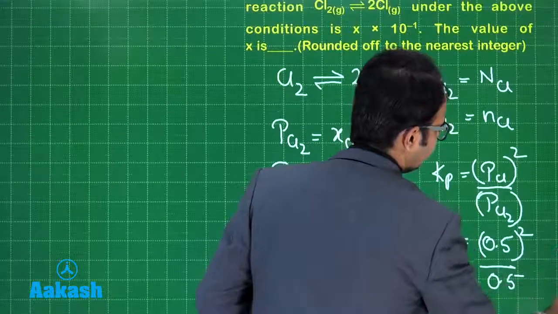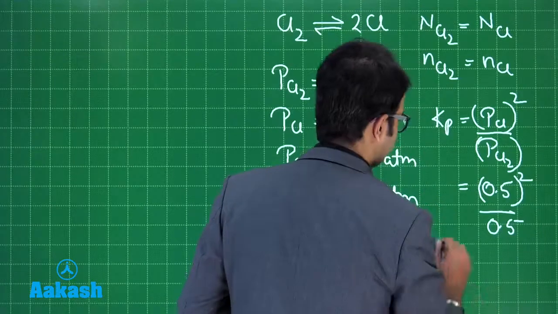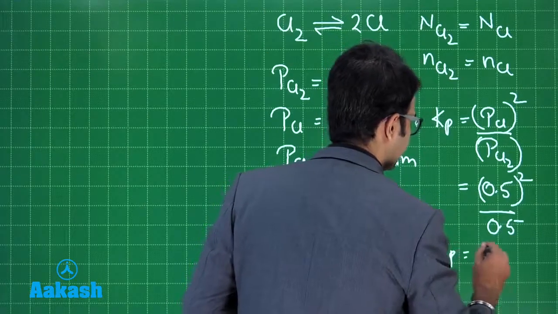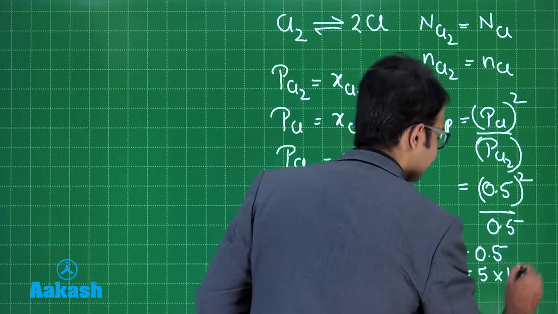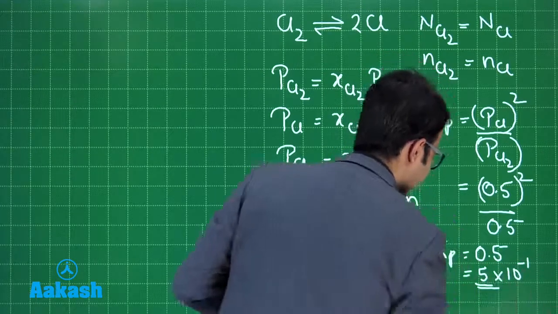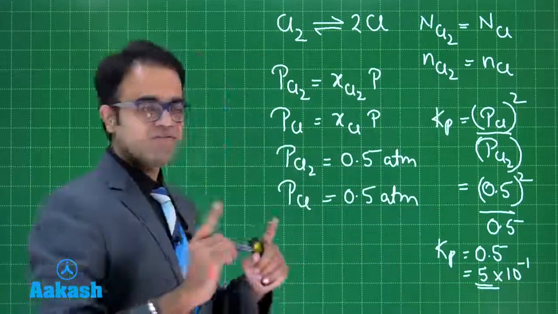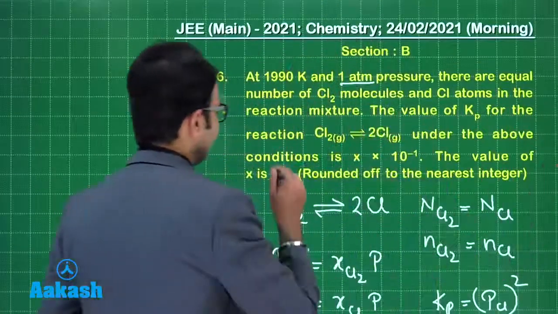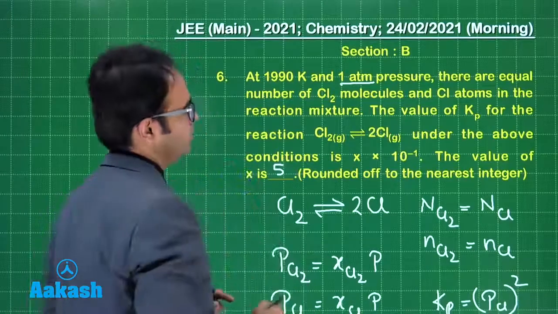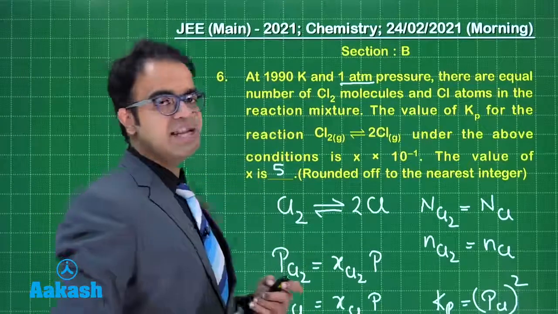So you will get the value of Kp as 0.5, that can be written as 5 into 10 to the power minus 1. So your final answer is 5 guys, right? That is your value of x. Okay. Let us look at the next question.